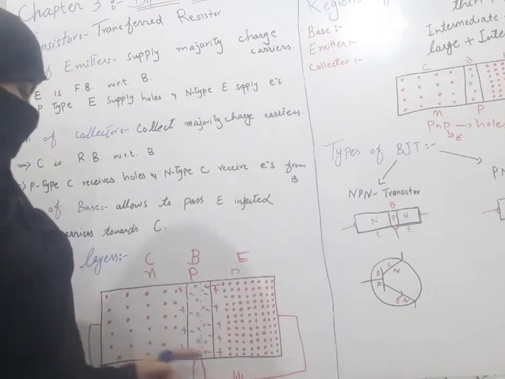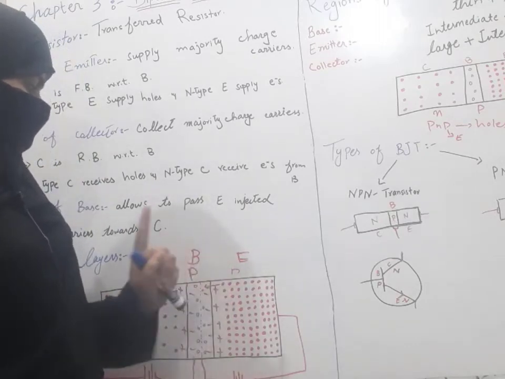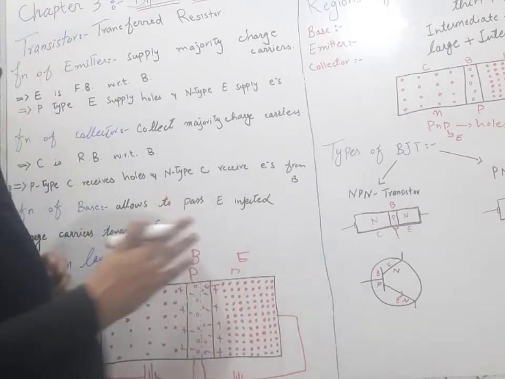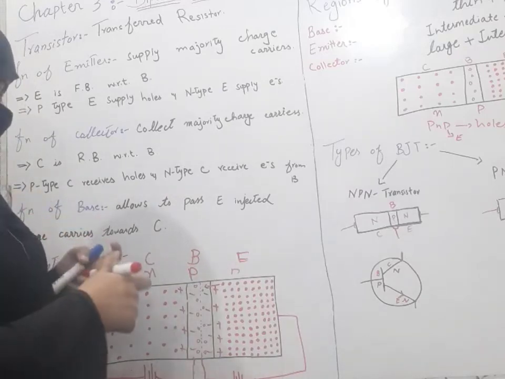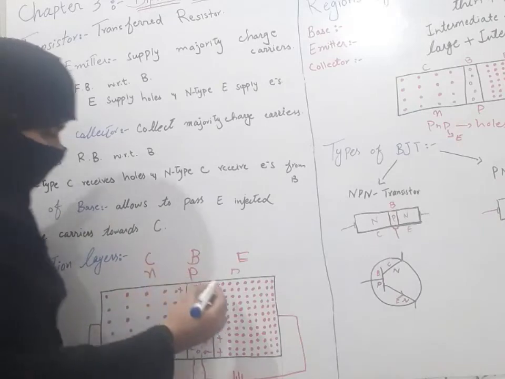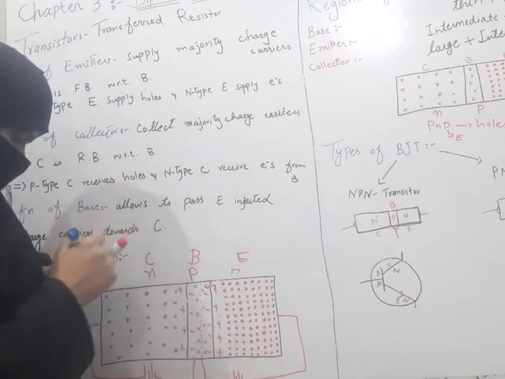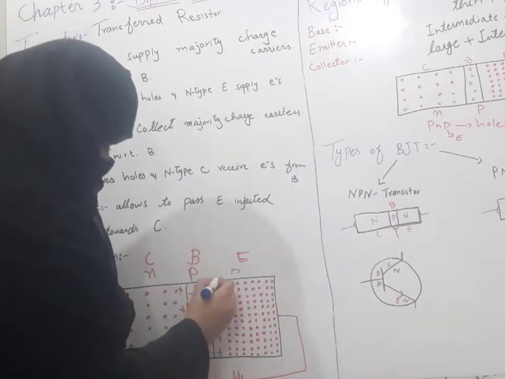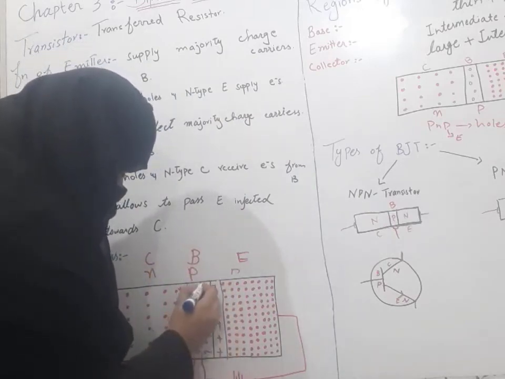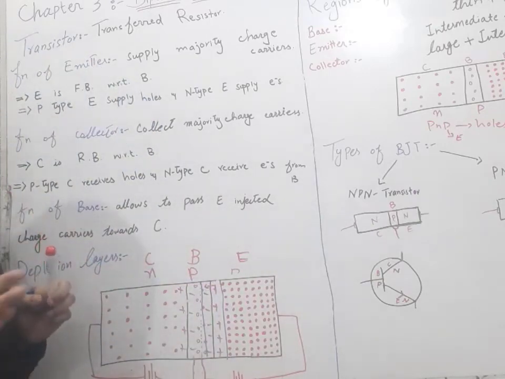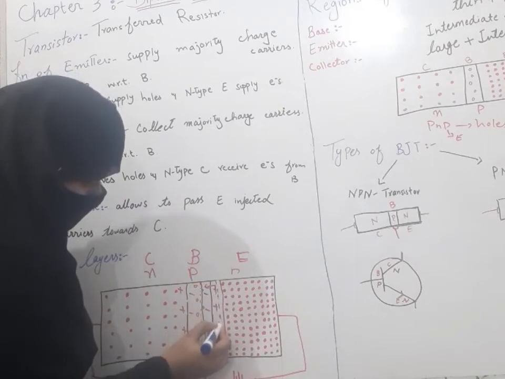When our diode is forward biased, the width of the depletion layer decreases. Let's suppose this is our depletion layer. After applying the biasing, the width of the depletion layer will decrease to this level.